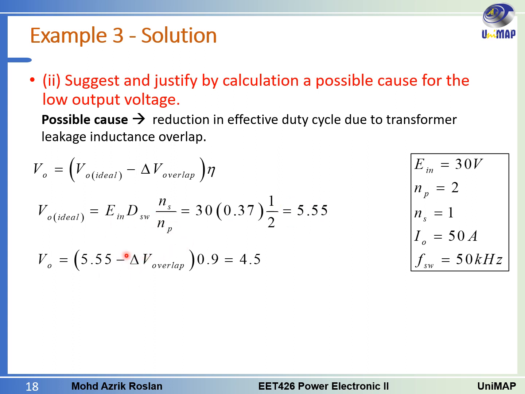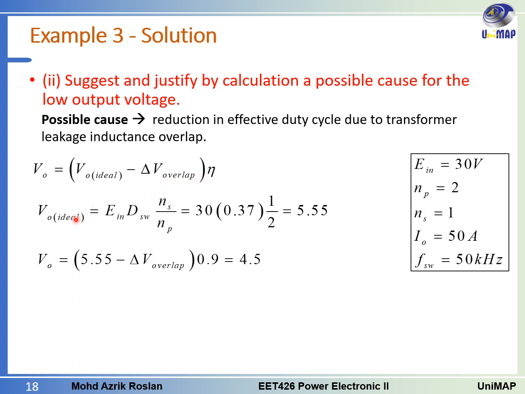We know that there is a delta V overlap term here, and we know that the efficiency is 0.9. To calculate this we also have to assume that the efficiency remains the same, at 0.9, for whatever duty cycle that we use. Only then can we calculate the value for this question.